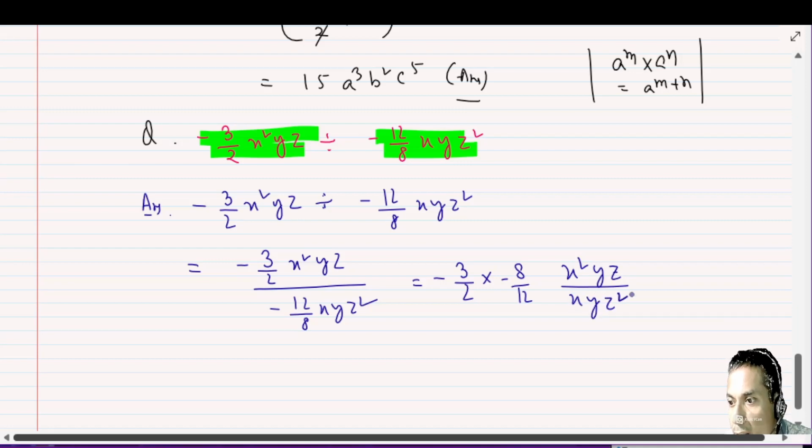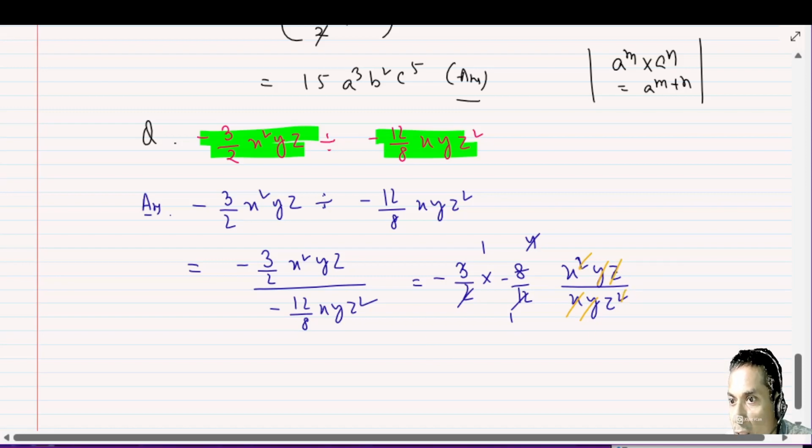x y z square. So here minus minus plus, so the signs cancel out. Here that is 4, and 3 4s are 12, 12 cancel out, that is 1, and here also 1. You can simplify it like this. Here it is 2, so you just remove it here, and y cancel out, and z cancel out.